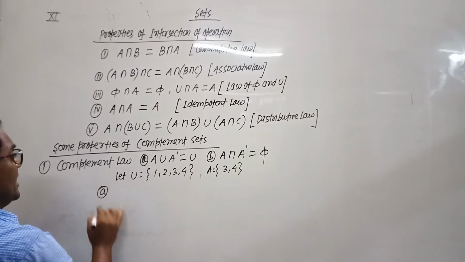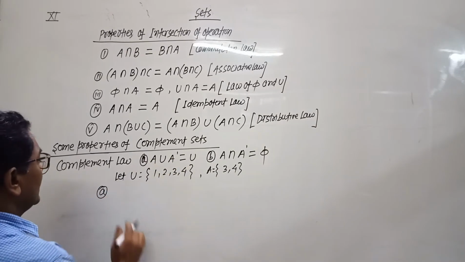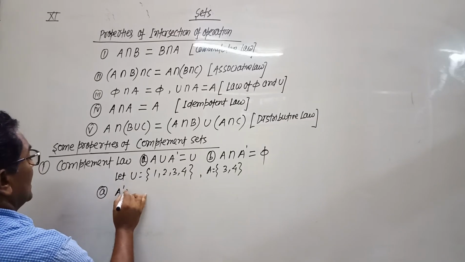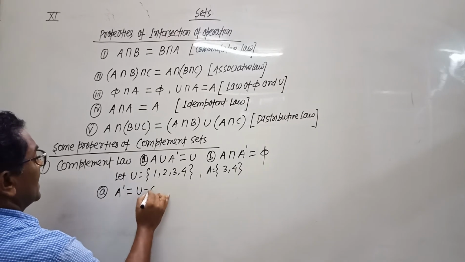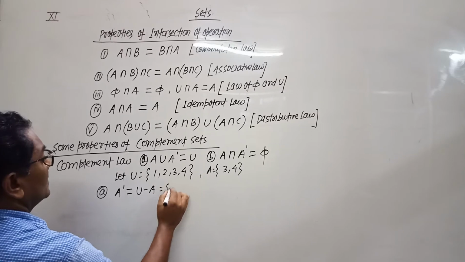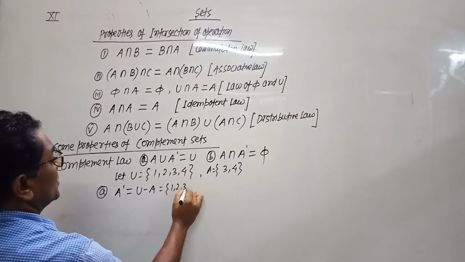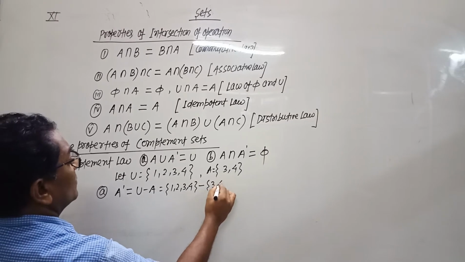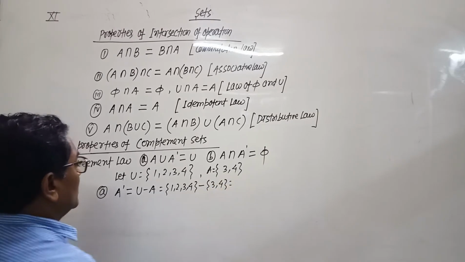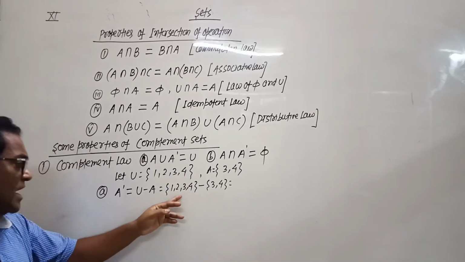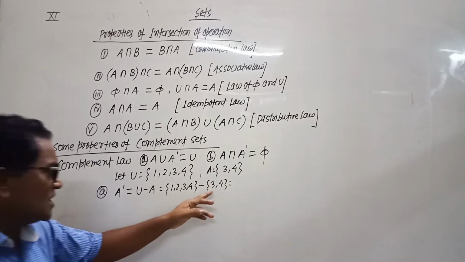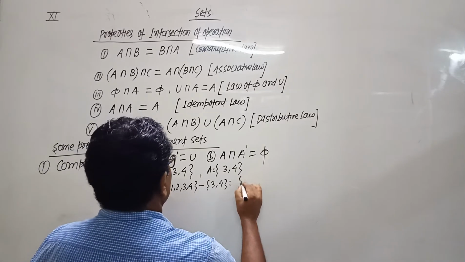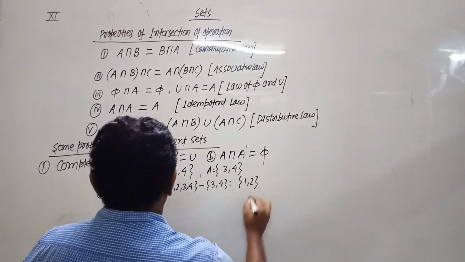Firstly we find A dash, which is given by U minus A. So 1, 2, 3, 4 minus 3, 4. We have to see those elements of U which are not in A, and this is 1, 2.